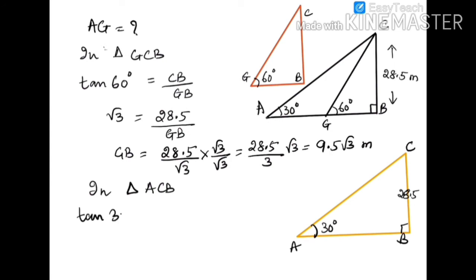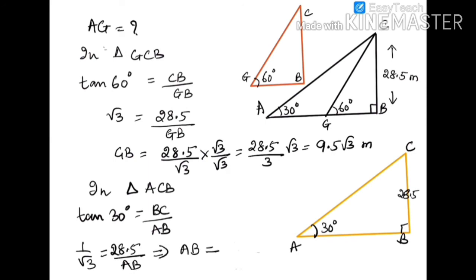So tan 30 degrees is equal to BC upon AB. Substitute value of tan 30, that is 1 upon root 3, BC as 28.5 in this expression and cross multiply. So we get AB equal to 28.5 root 3 meters.